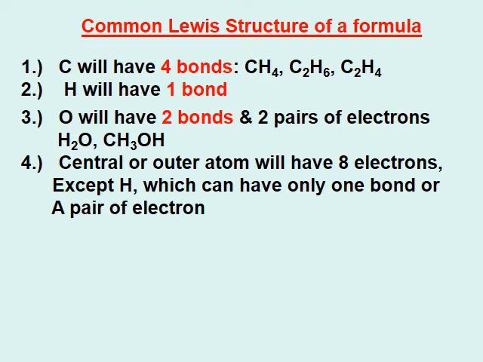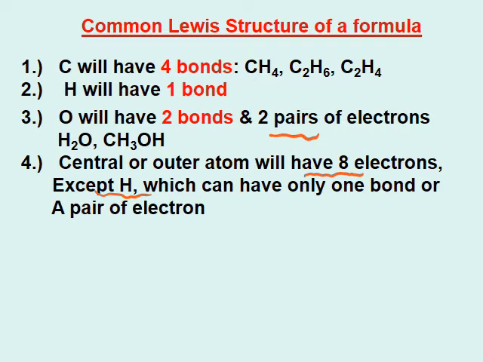Hydrogen must have 1 bond, oxygen must have 2 bonds and 2 pairs of electrons. Also, we need to know that outer or central atoms must have 8 electrons, except hydrogen, which can only have 1 bond or a pair of electrons. With those in mind, we can quickly write down the Lewis structure of any compound.